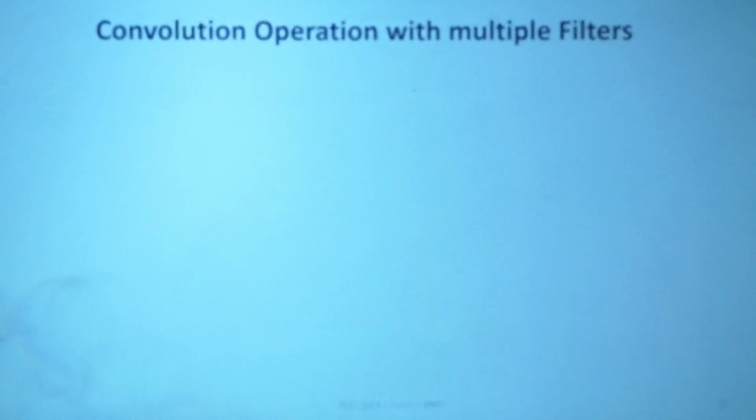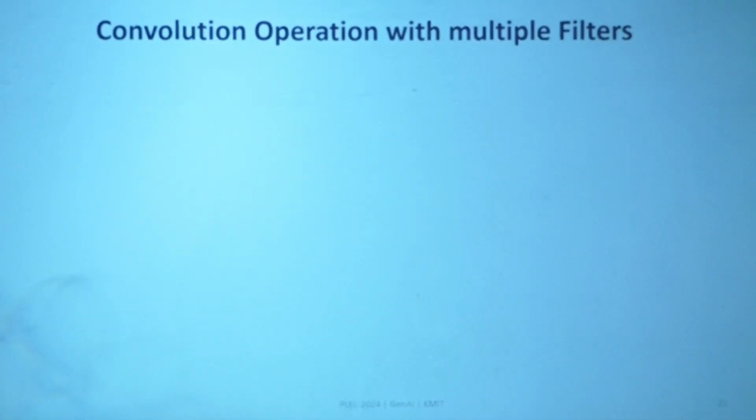If I want to apply multiple filters, I have so far shown applying a single filter on the color image, so you got a feature map of 4 by 4 by 1. If I apply n number of filters, because I want to detect horizontal edges, vertical edges, left to right, right to left, top to bottom, bottom to top, slant edges and so on, I need to apply a number of filters.